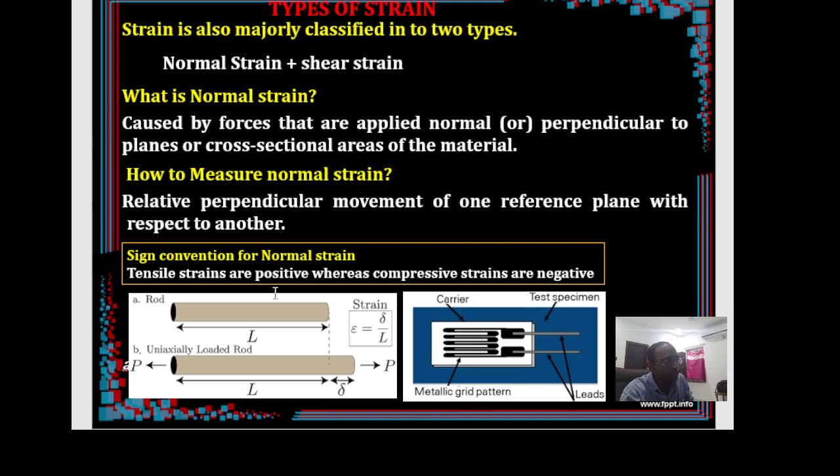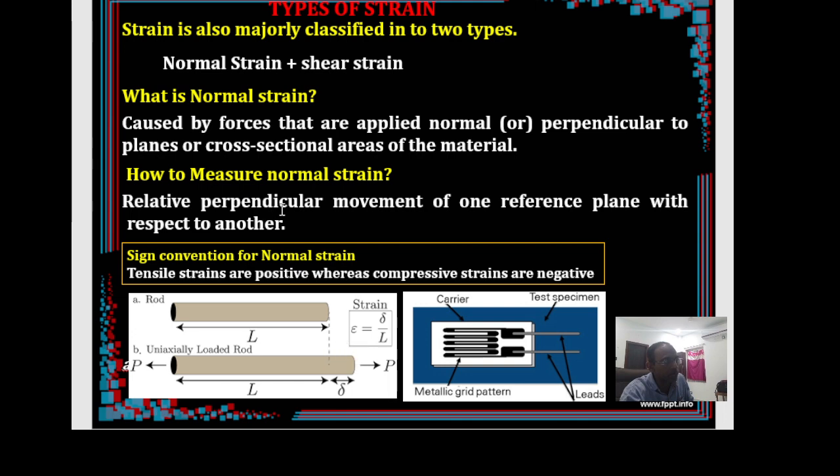Then how do you measure it? For example, this is the cross section, maybe a circular cross section here. This circular cross section before applying load, this was the position. Let's say this is a plane, a plane cross sectional area. After application of the force, it has been deformed here, so it took a new position here.